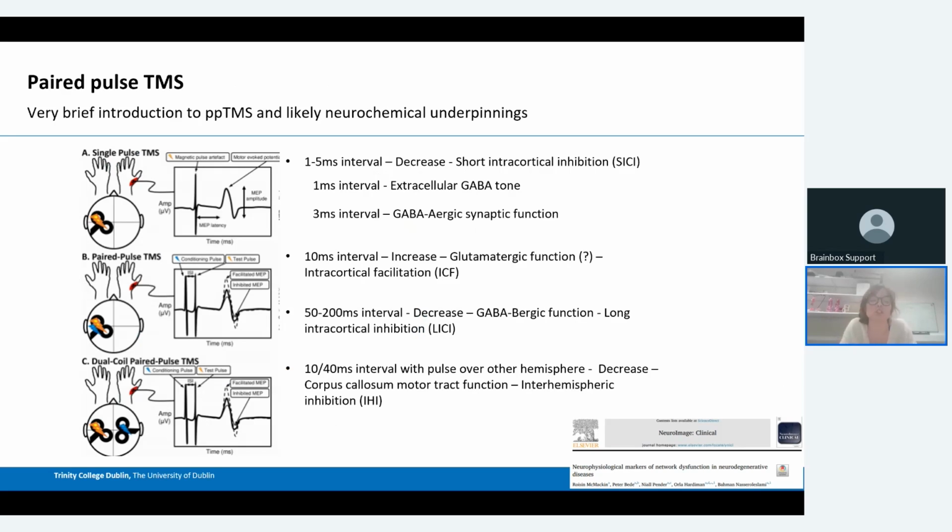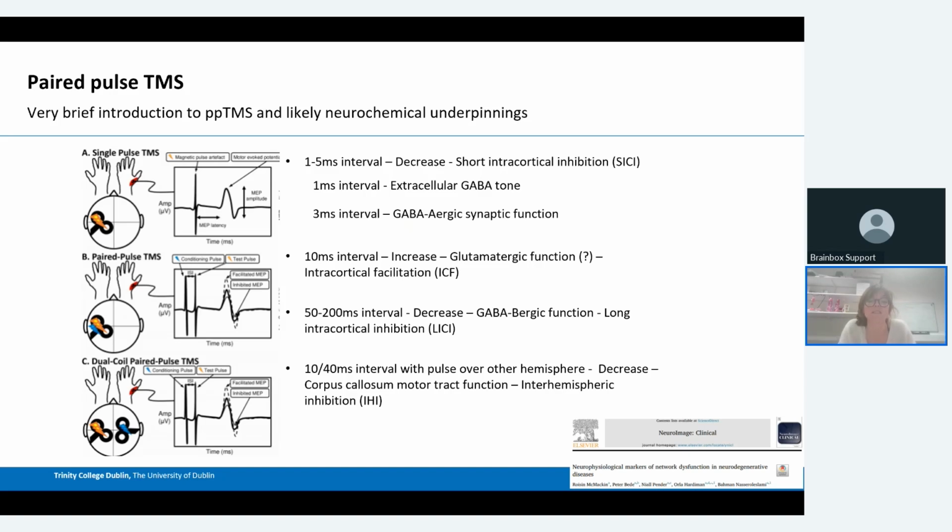So as well as the test pulse, which evokes this MEP, we add in a conditioning stimulus, usually before the test stimulus, with a very short interval in between, which we call the interstimulus interval. So depending on what interstimulus interval we use and where we give the conditioning stimulus and the intensity of the stimulus that we use for conditioning, we find that we have different effects.